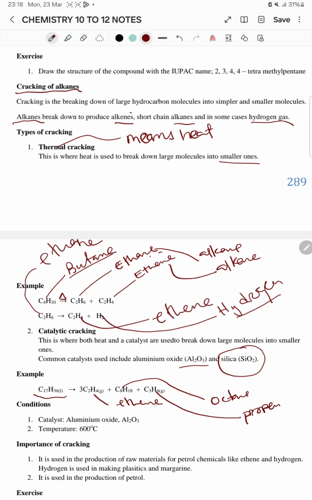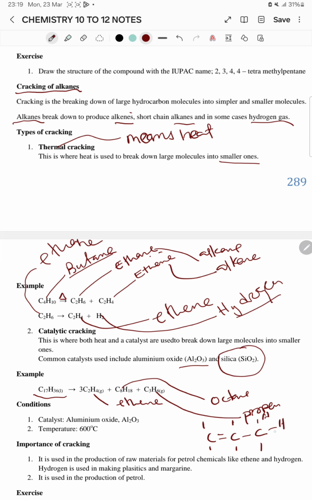This is 3 carbon atoms, so it's going to be like this, with 6 hydrogen atoms, so we put a double bond there.